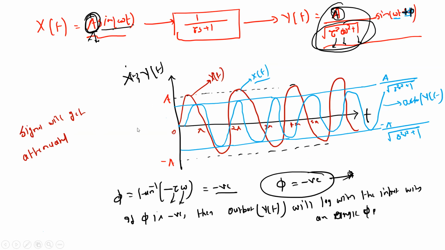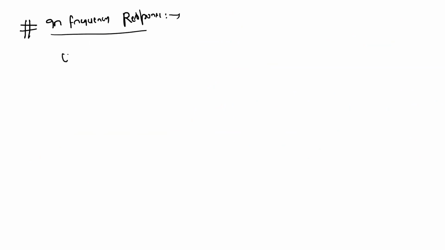One more method that is very easy to understand this is frequency response. In frequency response, G(s) is, let's say, 1 upon tau s plus 1.